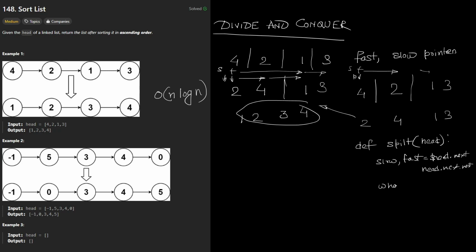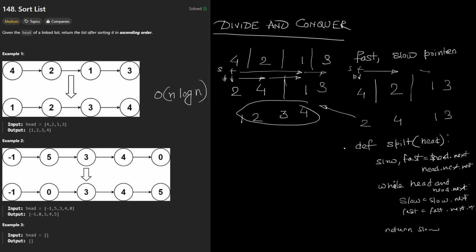Now I can say while fast and fast dot next. So if either fast is null or fast dot next is null, then I can stop the loop, and out here I can simply say slow equal to slow dot next and fast equal to fast dot next dot next, because it is going to go two steps. And at last, when it is at this position, we can return the slow pointer.